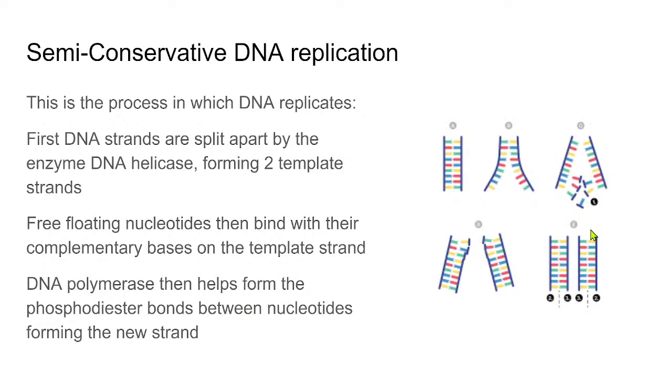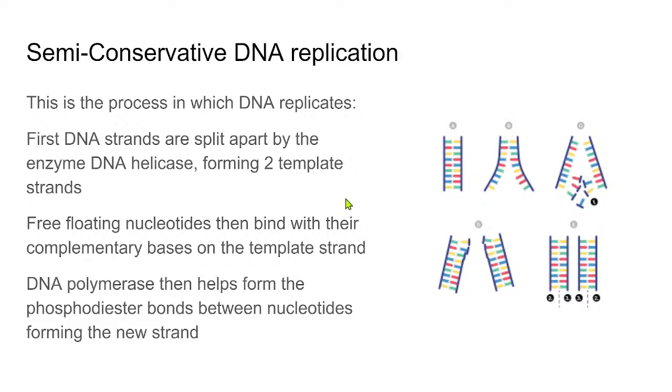So semi-conservative replication. This is the theory or the model we use to describe replication of DNA. So first thing, we have our structure. It is then unzipped. This is done by the enzyme DNA helicase and forms 2 separate template strands. Free-floating nucleotides will then bind to their complementary base on the template strand.